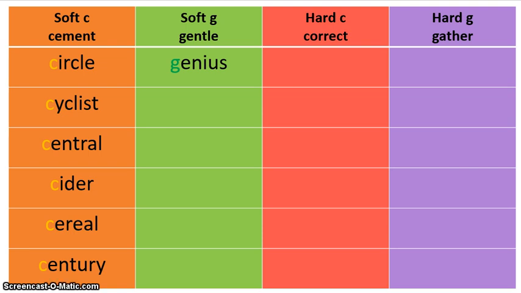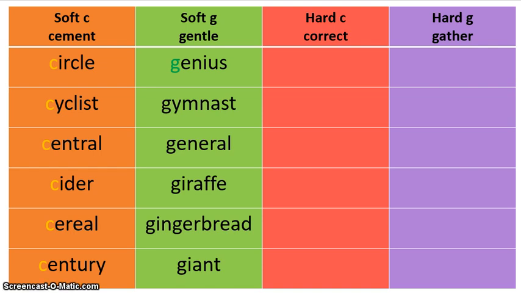All right, now that you are back, you should have found the words gymnast, general, okay, giraffe, gingerbread, and giant. Those all have this soft G sound at the beginning. As you're going through these words, I want you to pay special attention to the word gymnast.